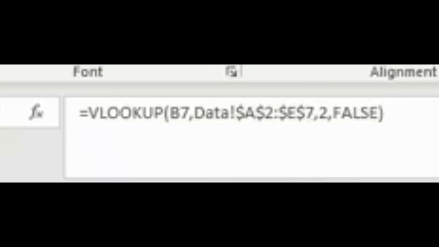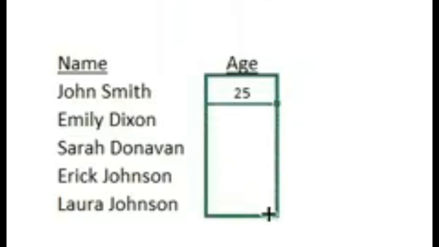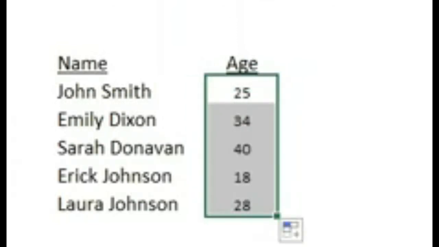By doing that, we can now drag our formula down and it will provide the answers for the ages of all 5 individuals. We would not have been able to drag this formula down had we not locked down this cell range.